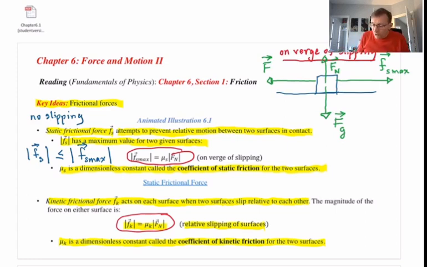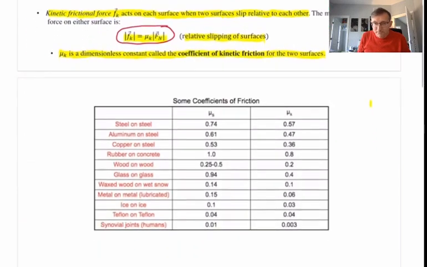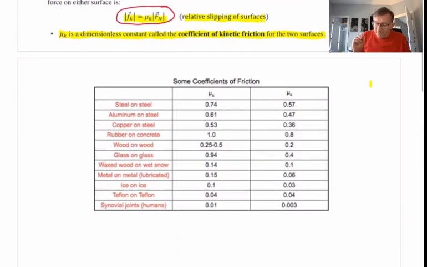Let me just also show you, just for your edification, some values of coefficients of friction for different pairs of materials, right? It's always talking about two materials in contact. There's one column that has the coefficient of static friction, mu sub s, and another column that has the coefficient of kinetic friction, mu sub k. No units, because both of these coefficients are dimensionless. Then in the first column, you just have a whole bunch of listings of one material on another.